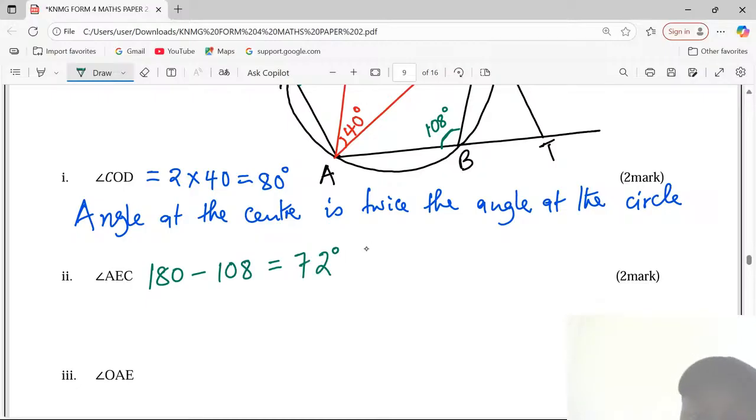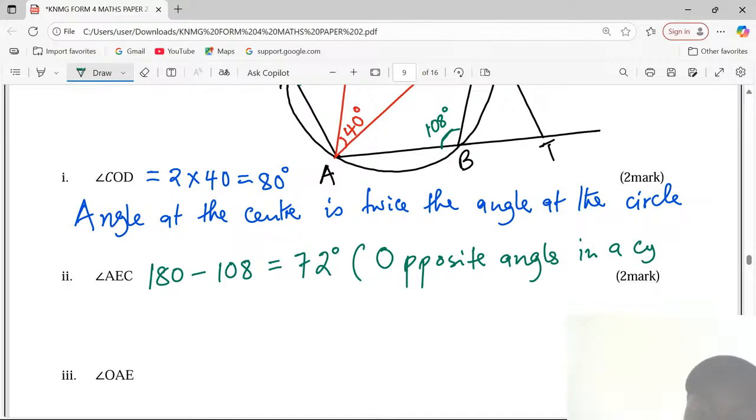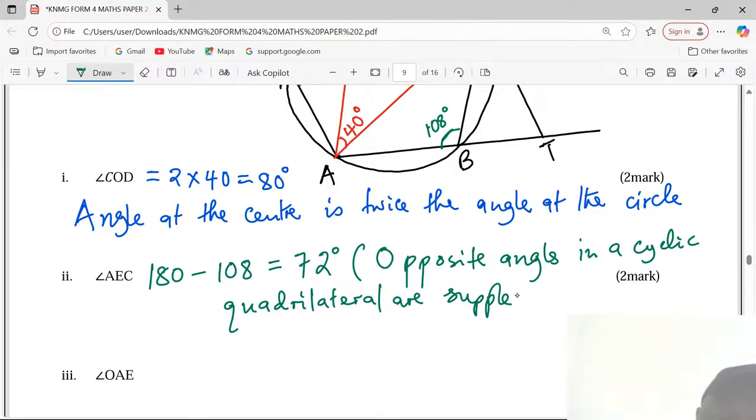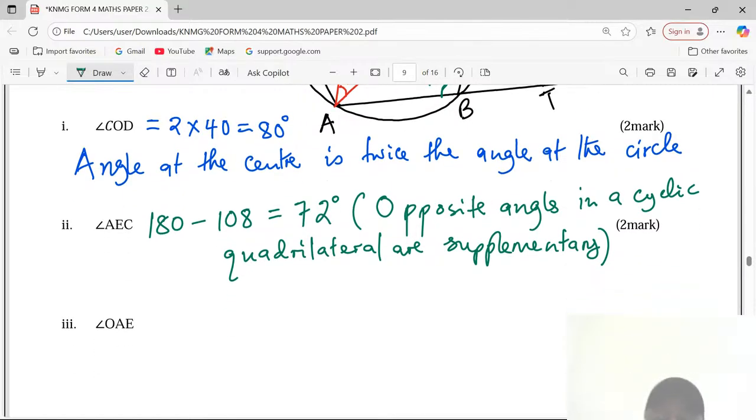Then I will say, as my reason, opposite angles in a cyclic quadrilateral are supplementary, or simply they add up to 180.